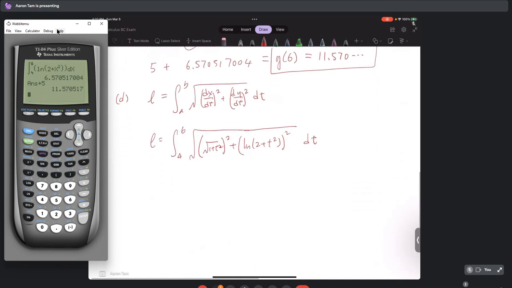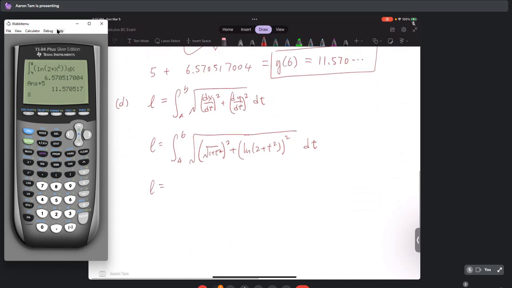So I'm just going to find that. I'm going to use my calculator to do this. We'll clear this out so I have room. Math, there you go. 4 to 6. Parentheses. Well, you know what? The radical just cancels, so I'll just say 1 plus x squared.